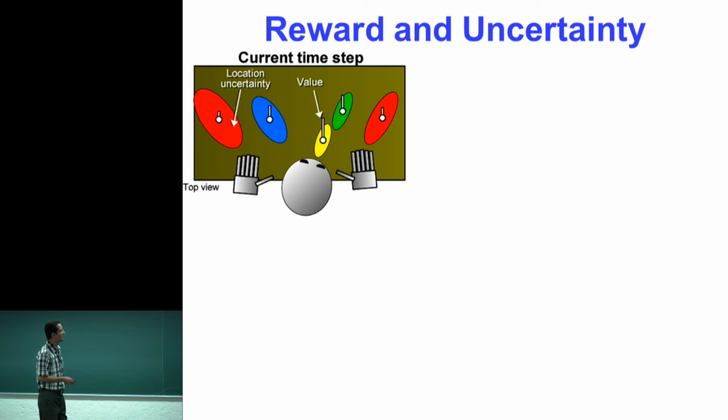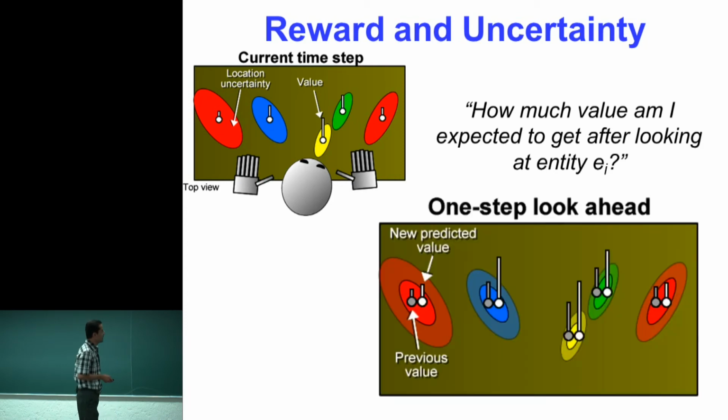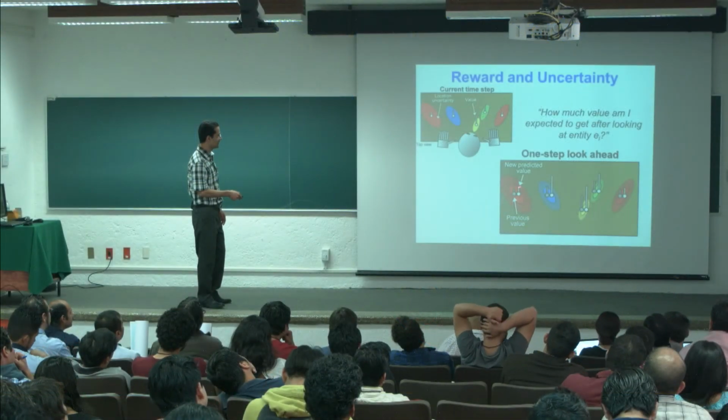The next model, as I told you, is using reward and uncertainty as well. The question that the robot is asking is how much value am I expected to get after looking at some item? And in this case, I'm going to combine the values and the uncertainty that we had before. So imagine that the robot is trying to imagine what will happen if I look at this object, for example. This is the value that I'm going to get.